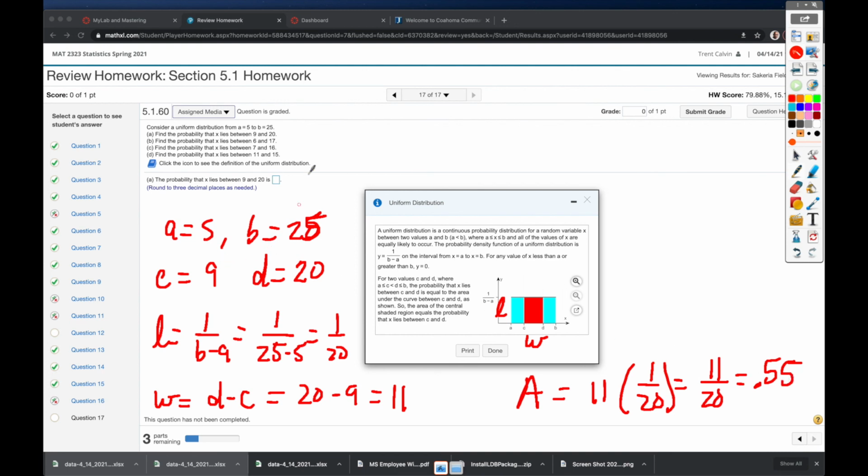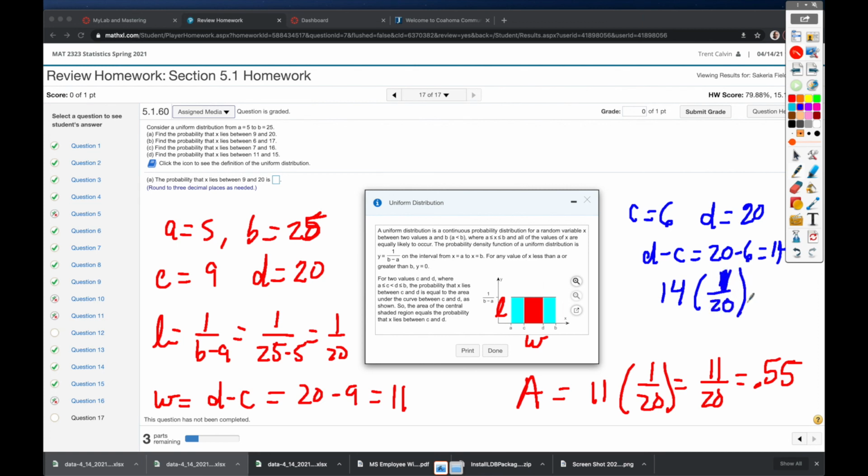I just change up my C and D. So next time we're going to let C be 6 and D be 20. Then my D minus C will be 20 minus 6, which is 14. And so now I have 14 times 1 over 20, and we get 14 out of 20.